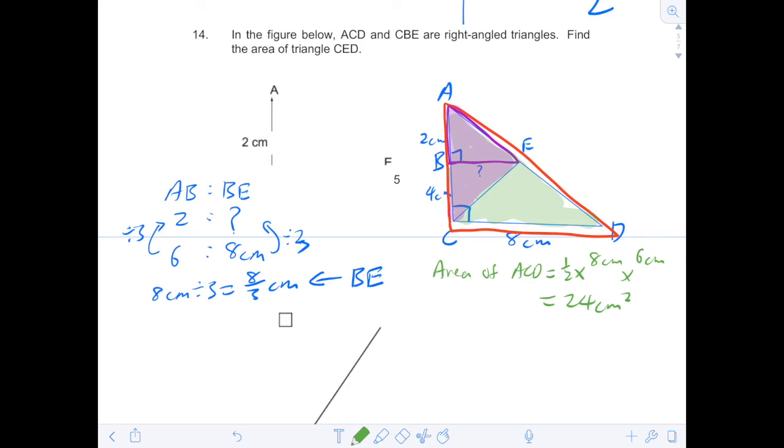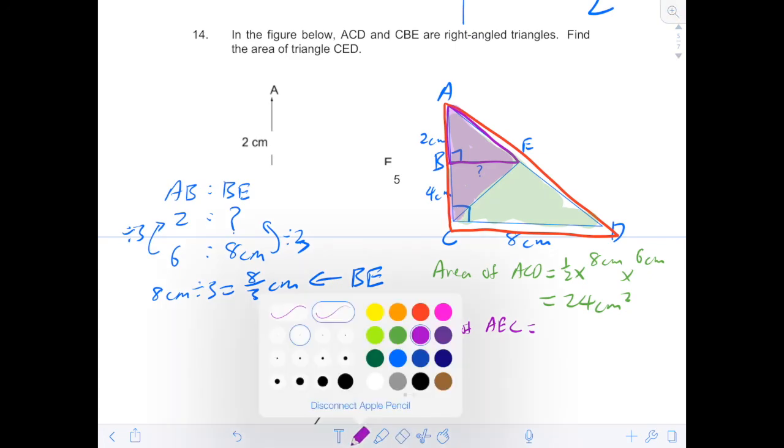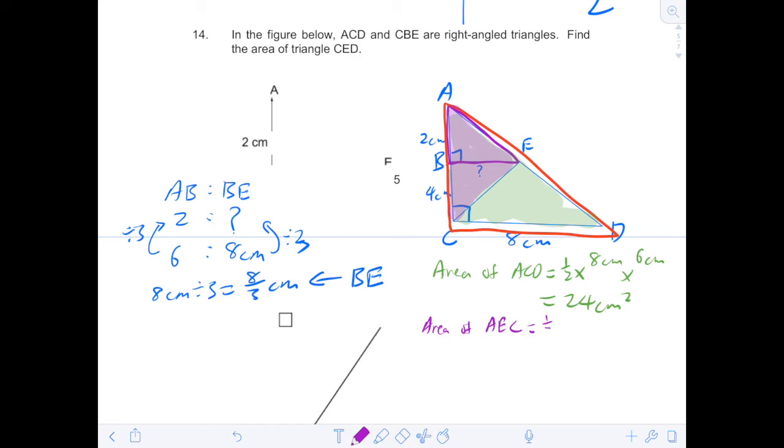Now next we're going to find the purple one. For the purple one, we know there's a base of 2 and 4, so the area of AEC will be equals to half times 6 cm multiplied by the height, which is the question mark here.